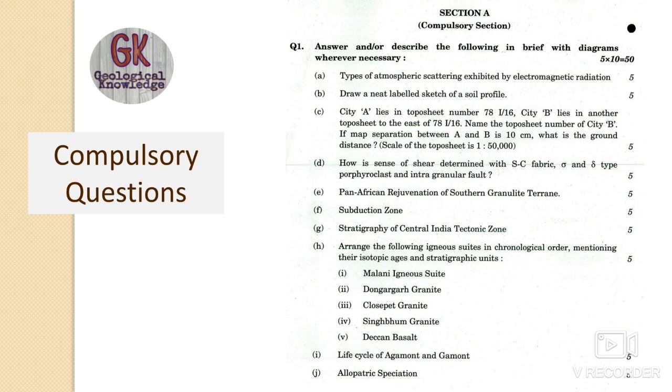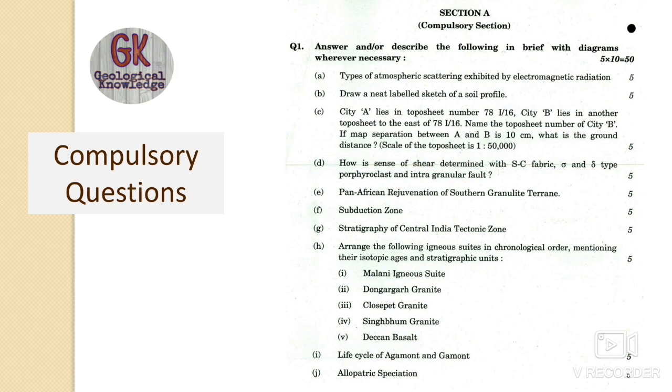Question number C: the city A lies in topo sheet number 78 I/16, and city B lies in another topo sheet to the east of 78 I/16. You have to name the topo sheet number of city B, and if the map separation between A and B is 10 centimeter, what will be the ground distance and the scale of the topo sheet that has been given.